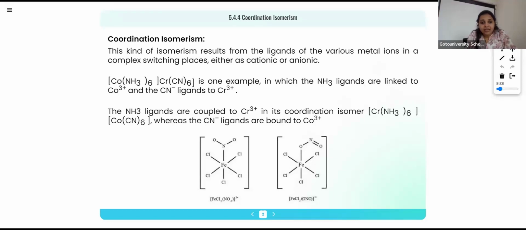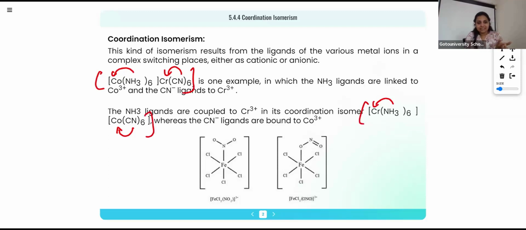In the first compound the NH3 ligands are connected to cobalt, and CN minus is connected to chromium. In the second case, NH3 is connected to chromium and CN is connected to cobalt. They are just changing their metal atom, or we can say they are changing their ligands. This is one complex and this is another complex.